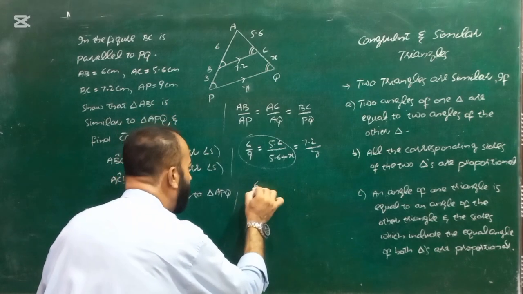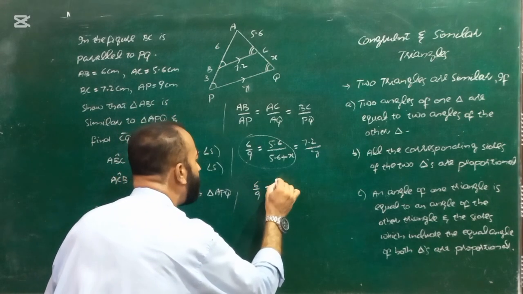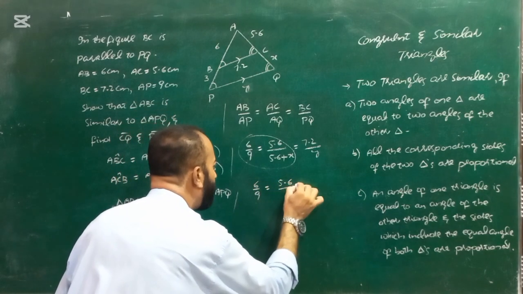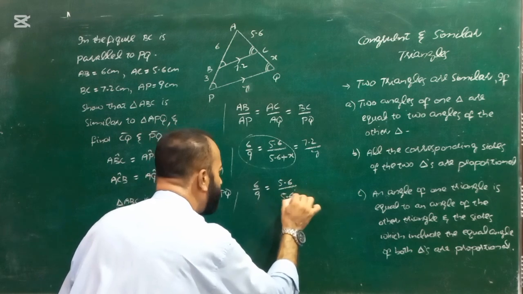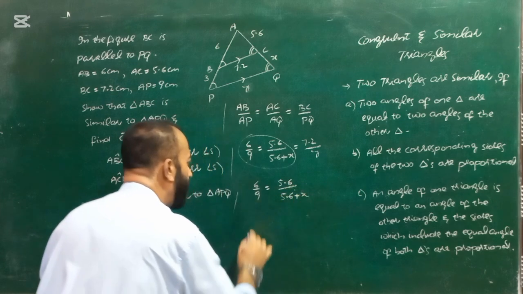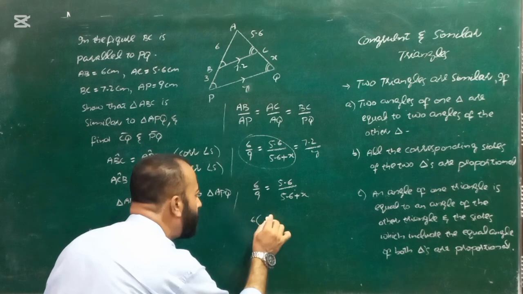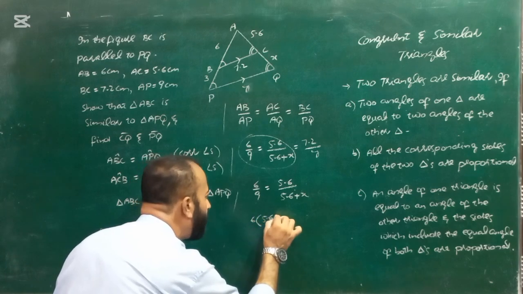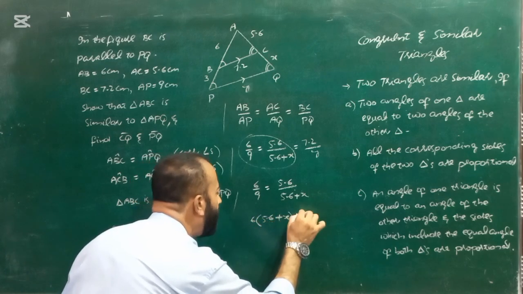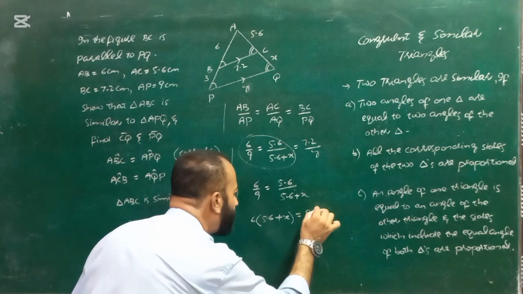So 6 over 9 is equal to 5.6 over 5.6 plus X. Cross multiply, so 6 into 5.6 plus X will be equal to 9 into 5.6.